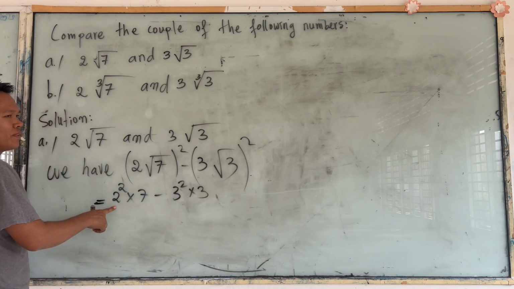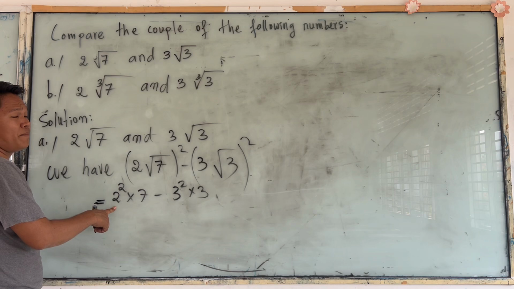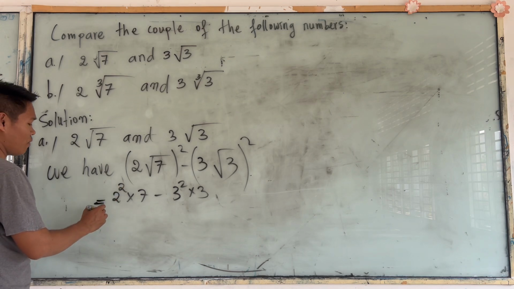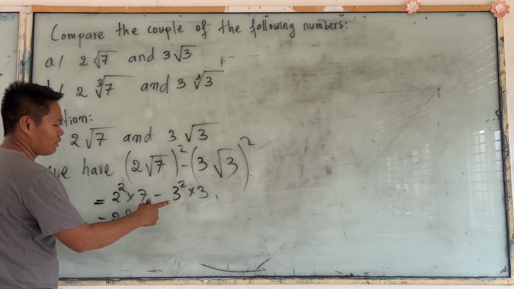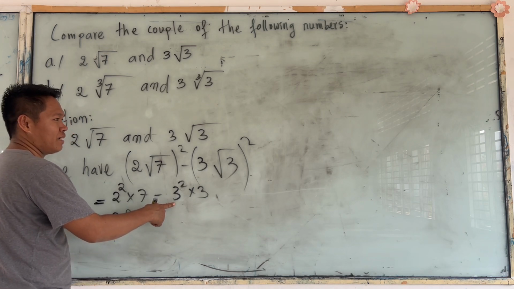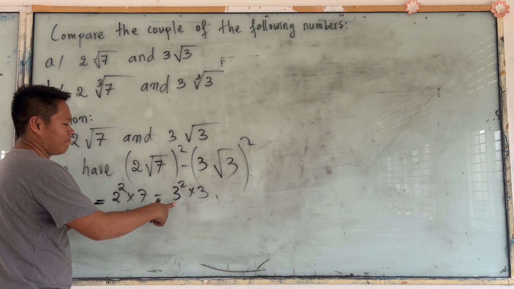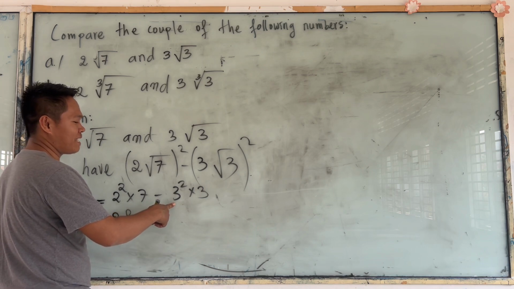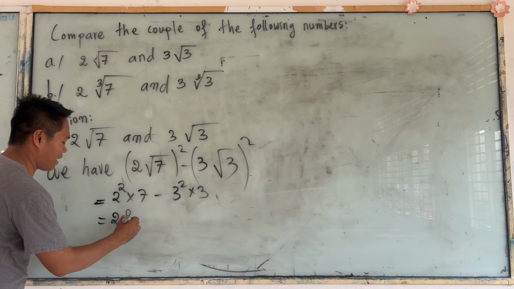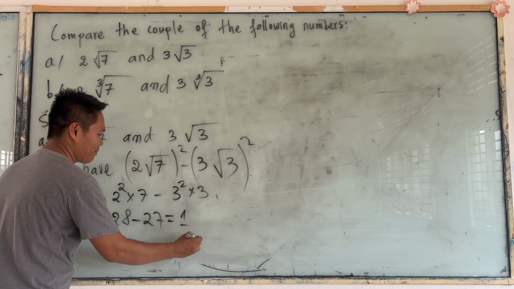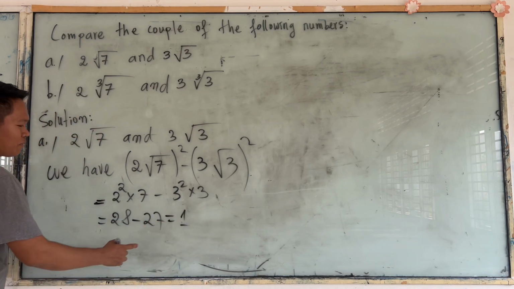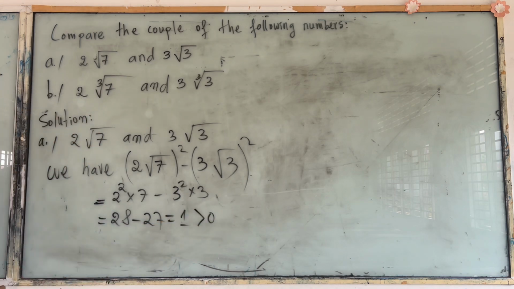For this one, 2 squared is 4, and 4 multiplied by 7 gives 28. For this one, 3 power 2 gives 9, and 9 multiplied by 3 gives 27. So 28 minus 27 gives 1. It means that 1 is greater than 0.